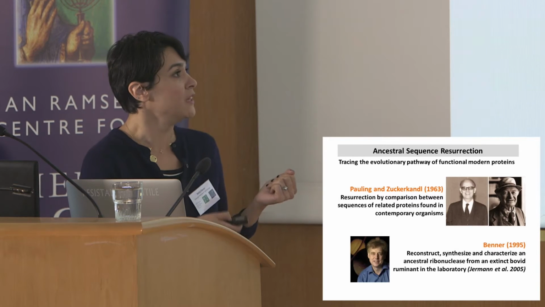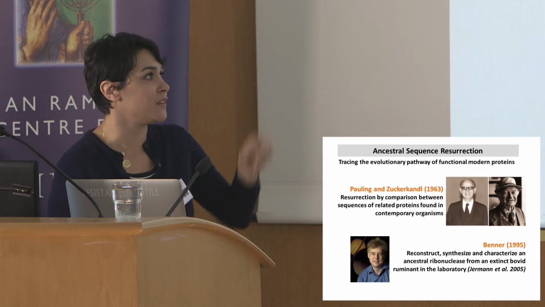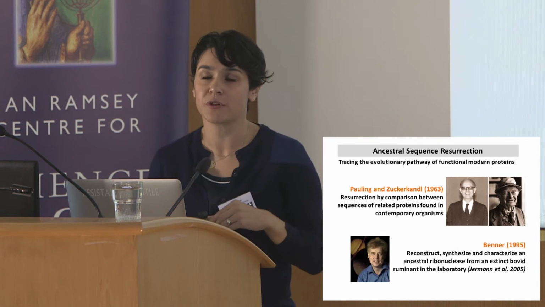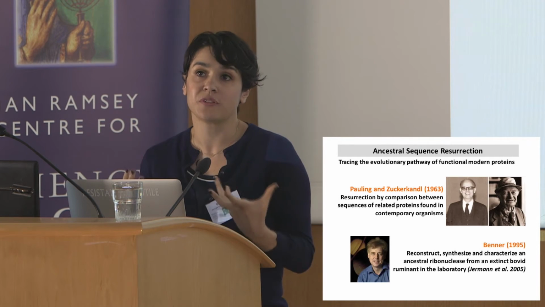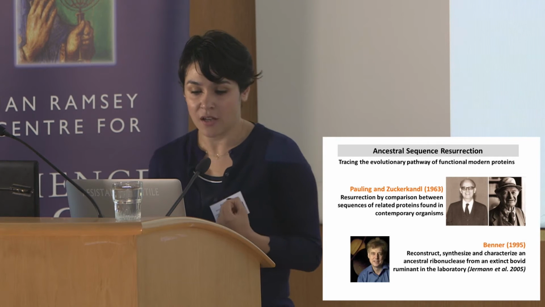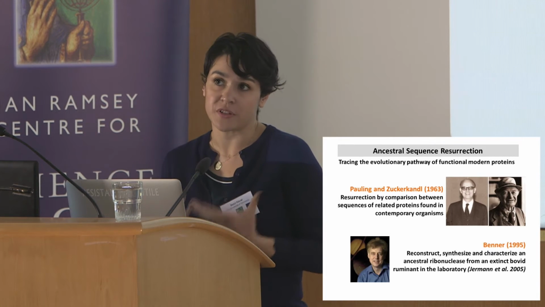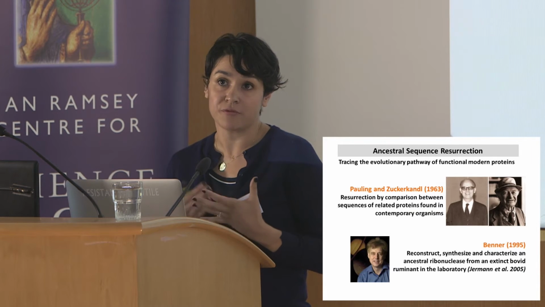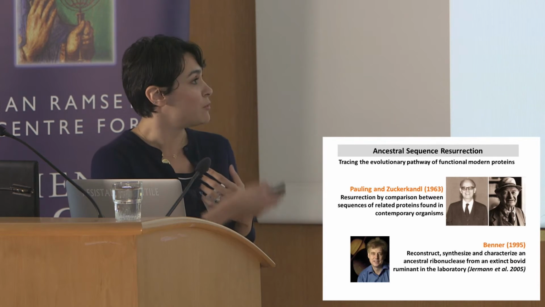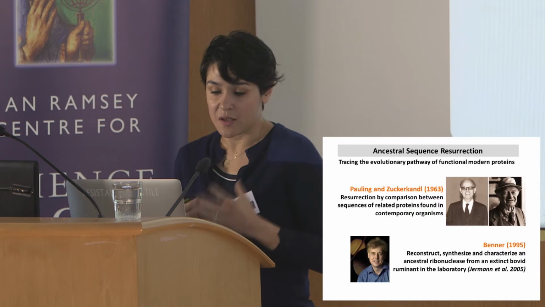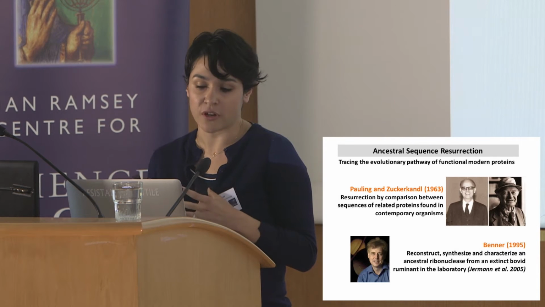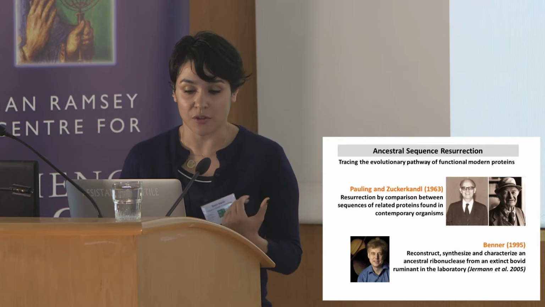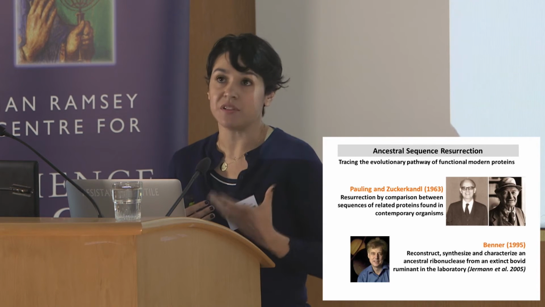And Steve Benner in 1990 and 1995, at that time at the University of Florida, basically took this vision and turned it into reality. He performed the first ancestral sequence reconstruction experiment where he resurrected 12 different forms of ribonuclease proteins, and then he explained how evolutionary reconstructions can help in the understanding of physiological function within a protein family.